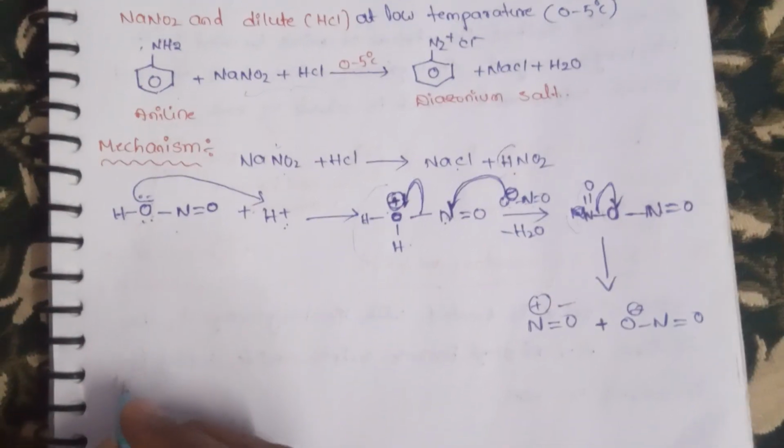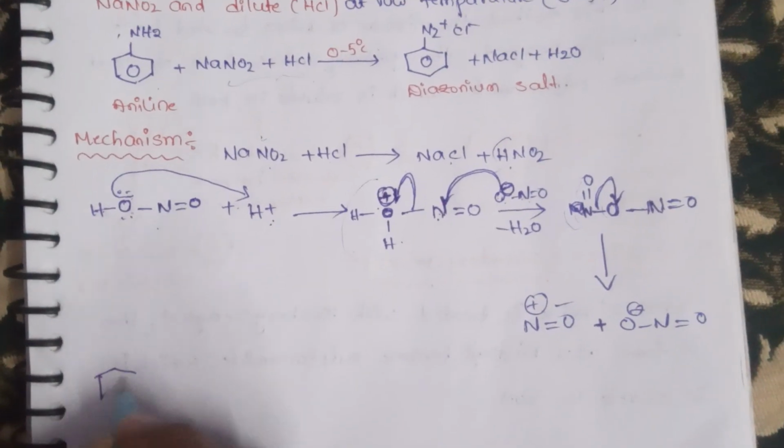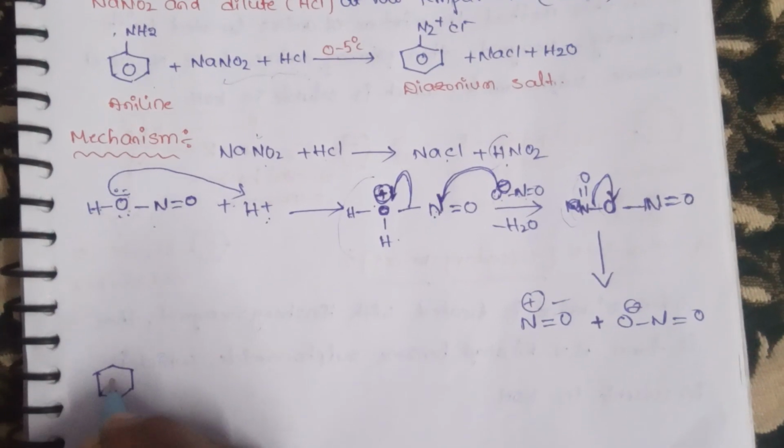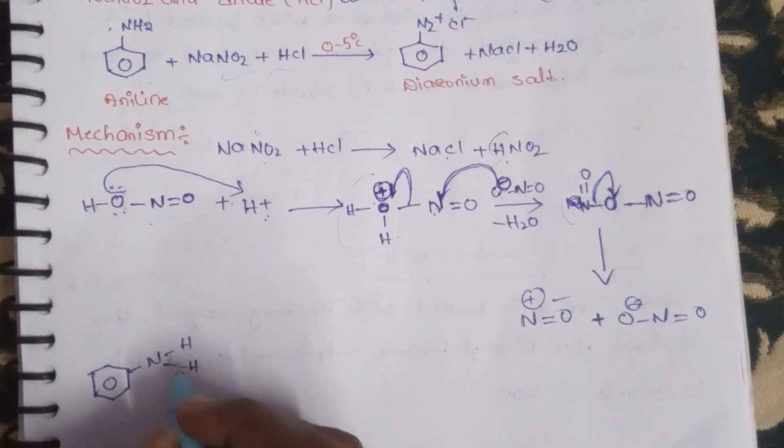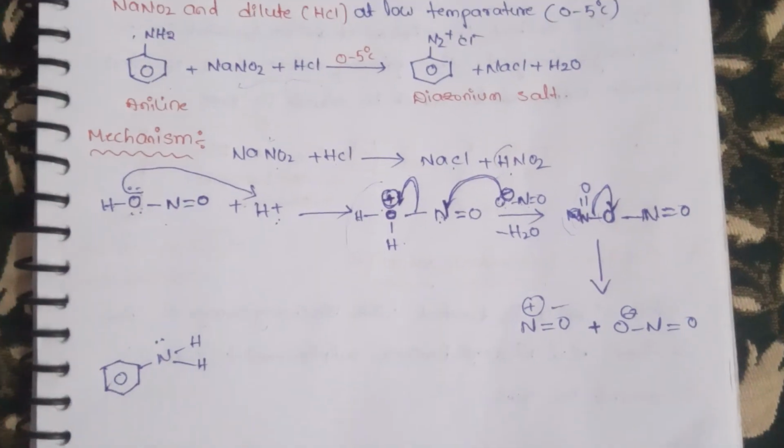So coming to the next reaction, you have to write this aniline structure like this, NH2, as nitrogen has a lone pair of electrons.